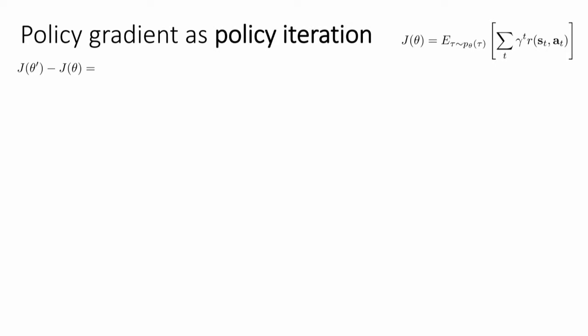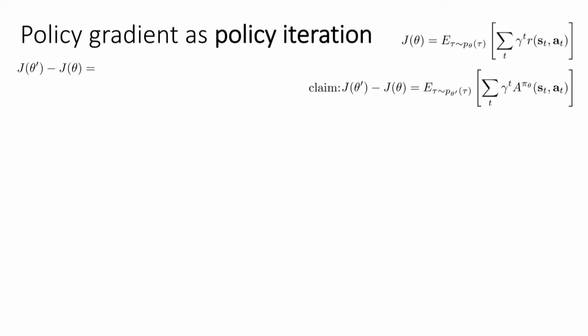What I'm going to try to show, as a starting point for this equivalence between policy gradient and policy iteration, is that policy improvement is equal to the expected value of the advantage of your old policy pi theta under the trajectory distribution of your new policy theta prime. Why is this interesting? Because this is what you would expect to see in a policy iteration algorithm.